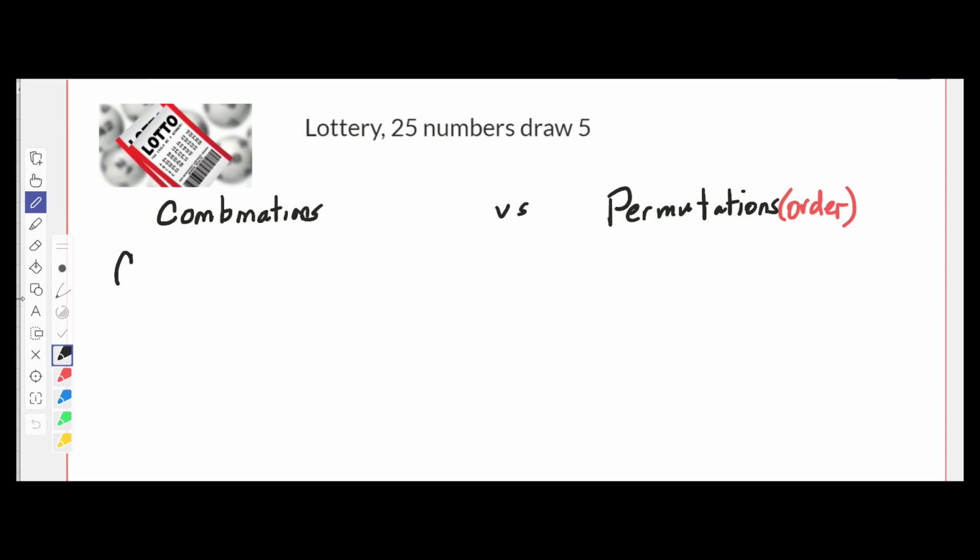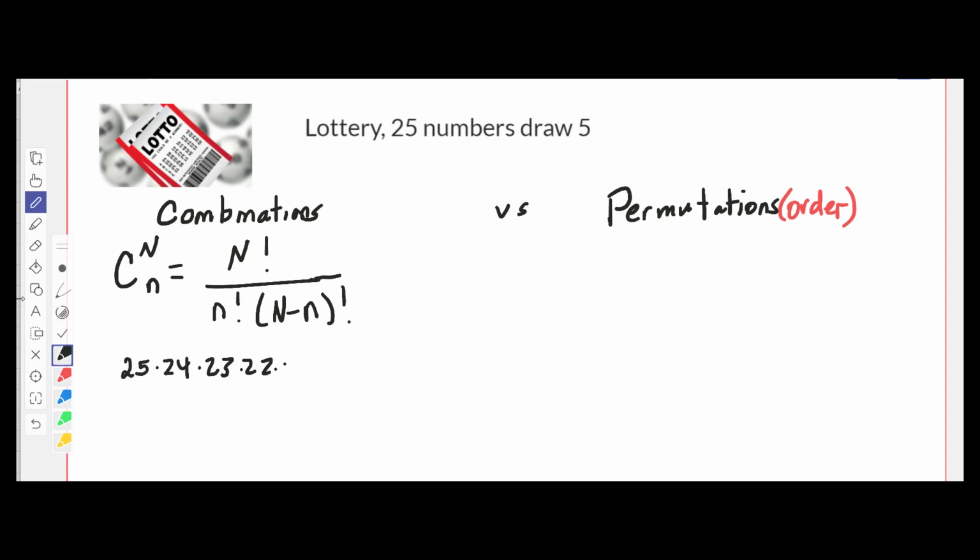So the formula here for combinations is the big N is the total number of values, and the little n is how many you take at a time. The factorial symbol, that little exclamation point, is saying that I'm going to multiply from that number all the way down to 1. So I know big N is 25, and so I can start multiplying 25 times 24 times 23 times 22 times 21.